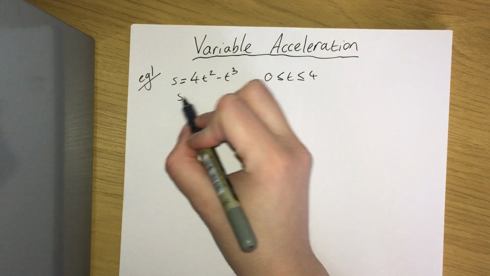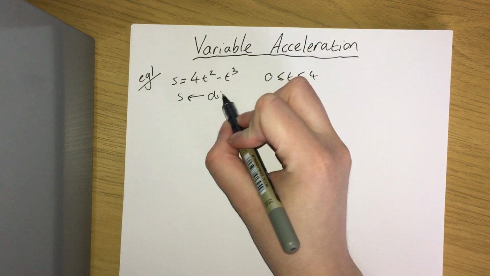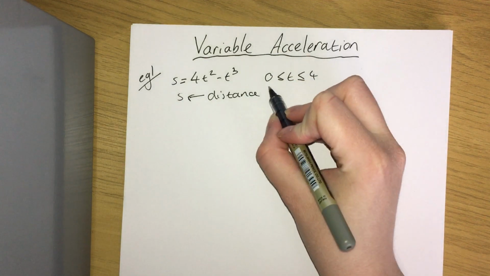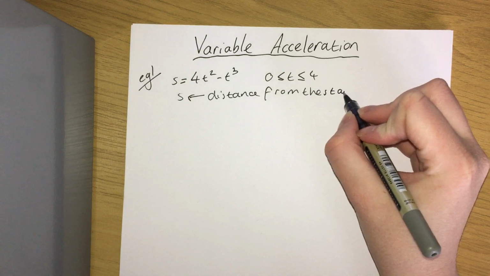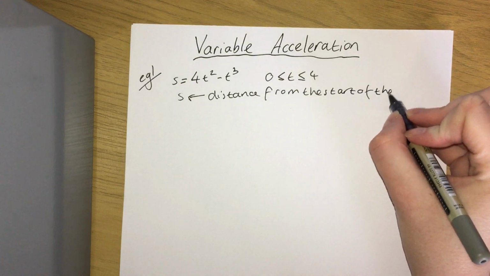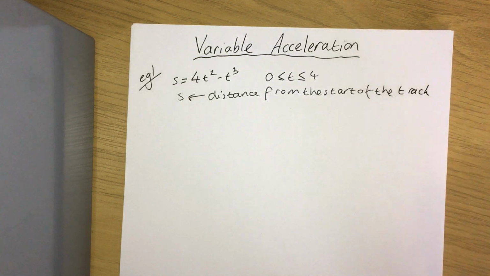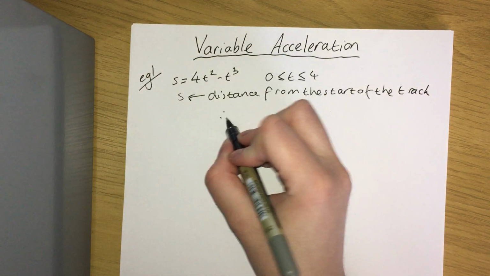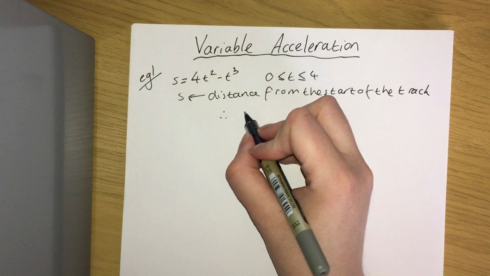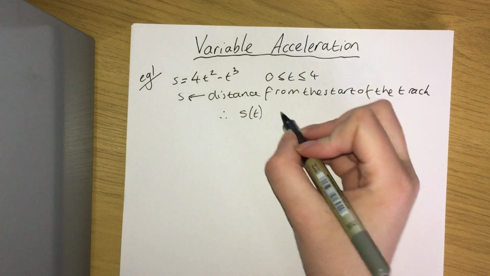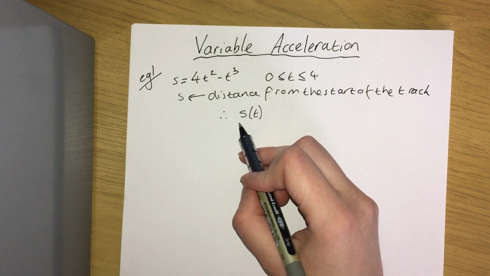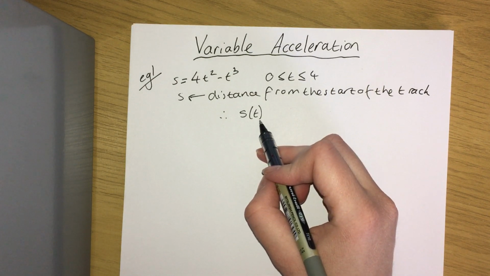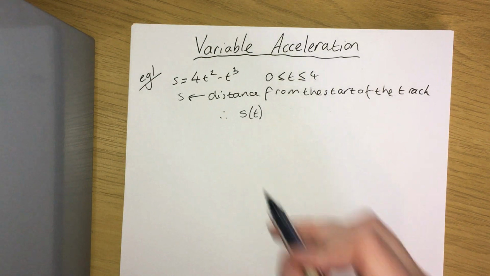So I know that s is the distance from the start of the track. Because we're dealing with distance, I know that displacement in terms of t, so I'm using function notation. Most of the time when I do these, I will change the problems into function notation like this.